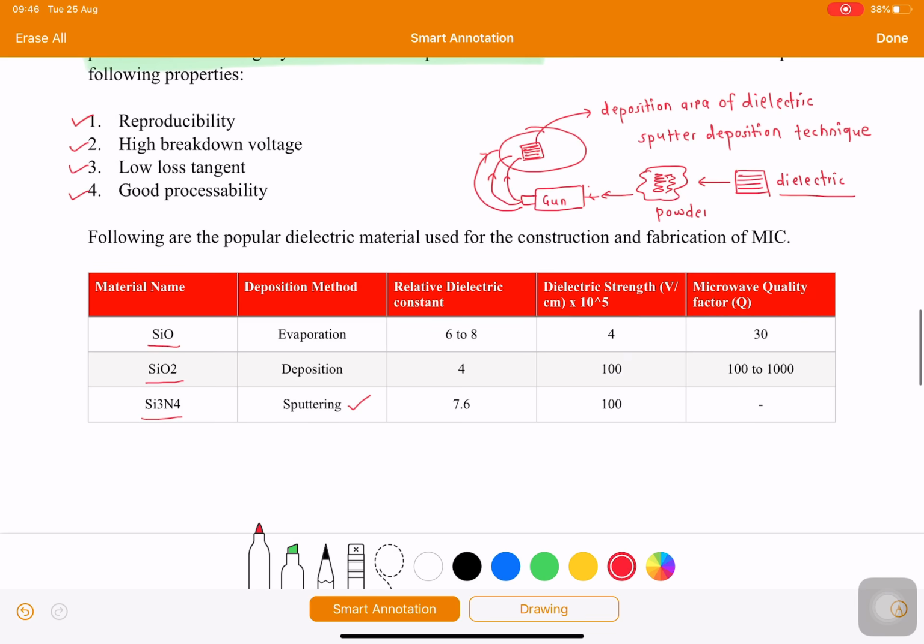Here some of the dielectric materials with their properties are mentioned: the values of relative dielectric constant, relative dielectric strength, and microwave quality factor. As far as quality factor is concerned, silicon dioxide has a very good quality factor provided by the material properties.